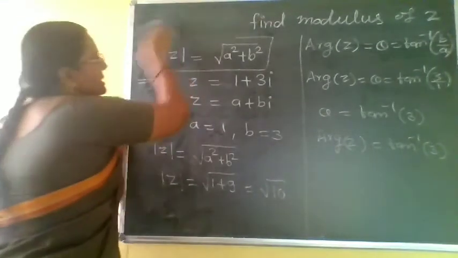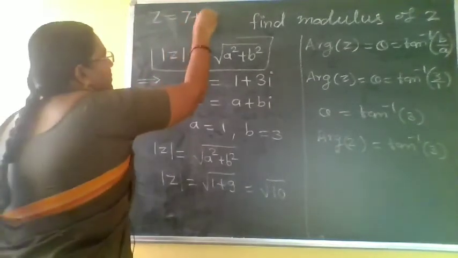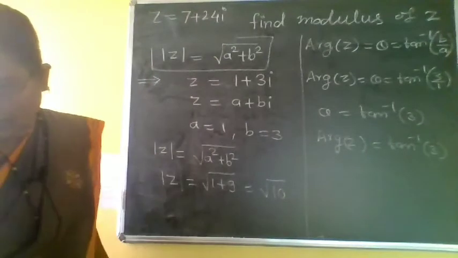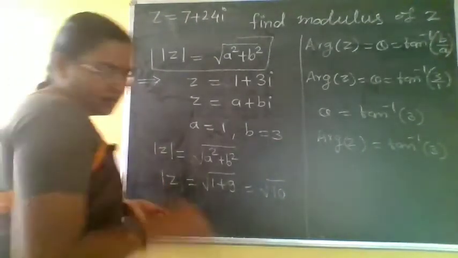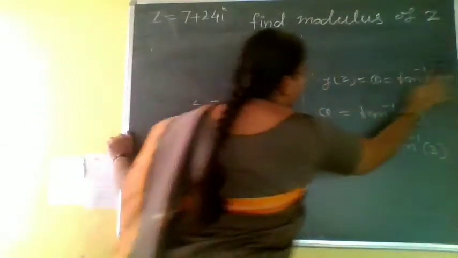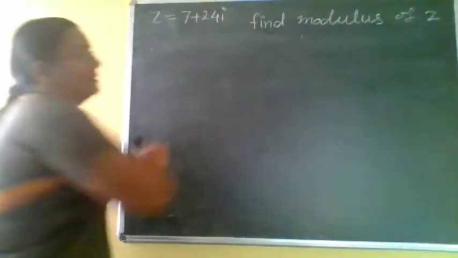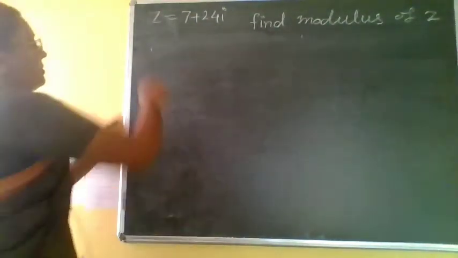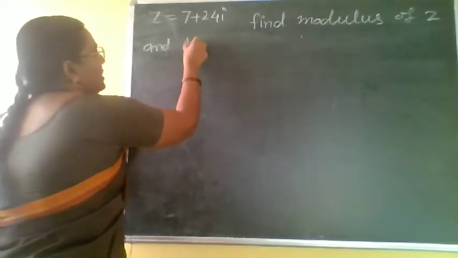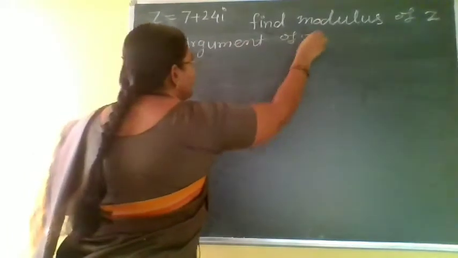Suppose z is equal to 7 plus 24i. The question is find modulus of z and argument of z.